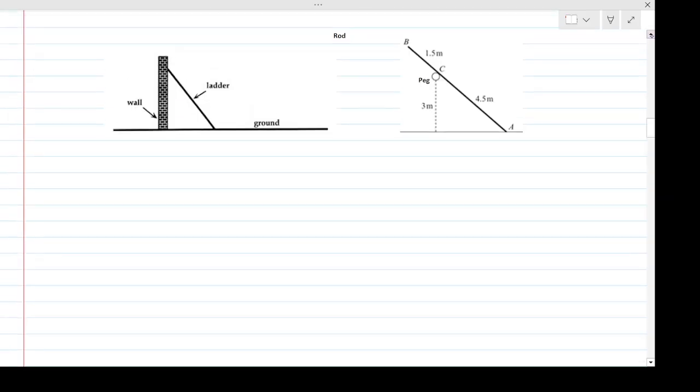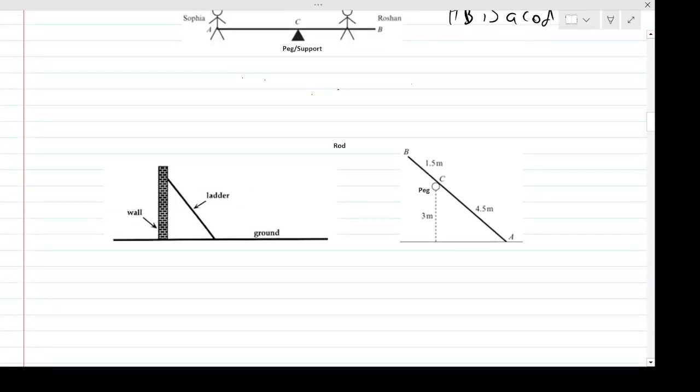Another type of rod is ladders. Again, we'll see this in year 2. For example, a ladder that's inclined on a wall from the ground. That's the real life scenario. Mathematically, it will look like this diagram here. You'll see this rod, this line AB, is a ladder, but it's resting on a peg. It looks like a weird peg, right?